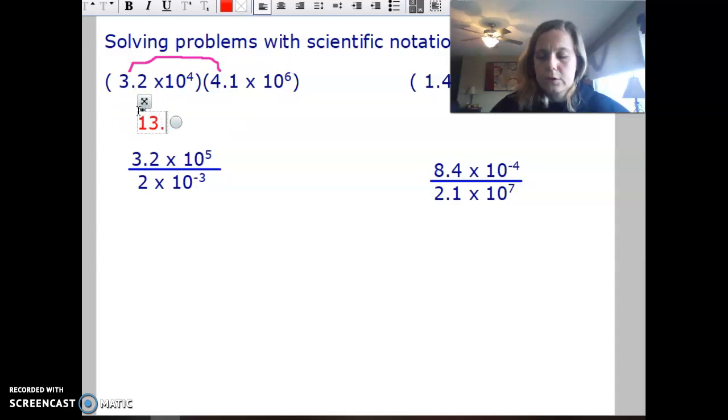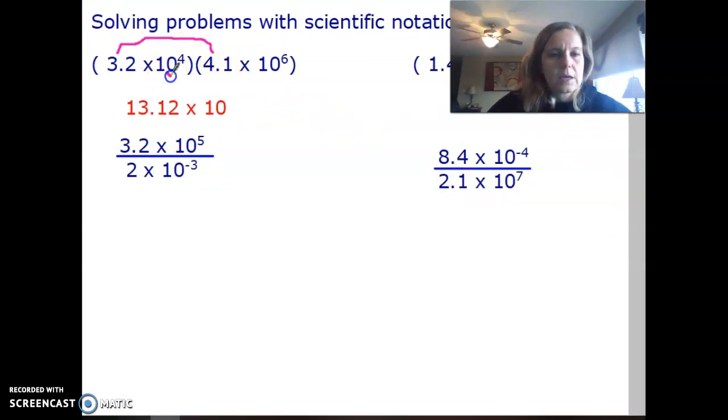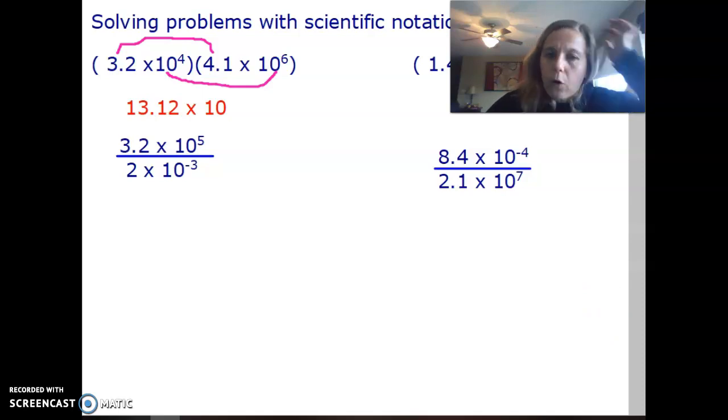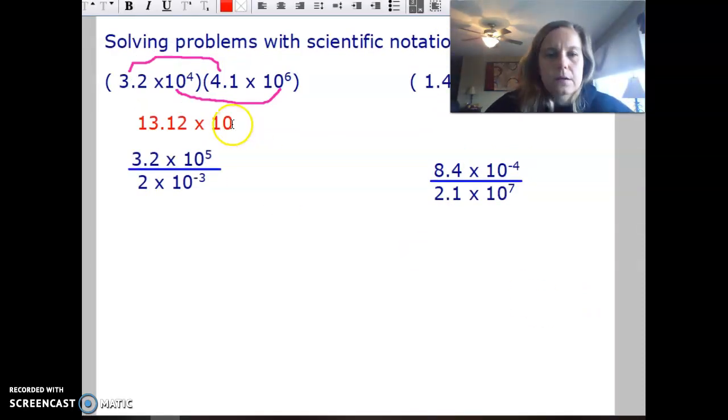So we have 13.12 times 10, and we know we have to take these two, which are like terms, and add those exponents, which again, 4 plus 6 is 10.